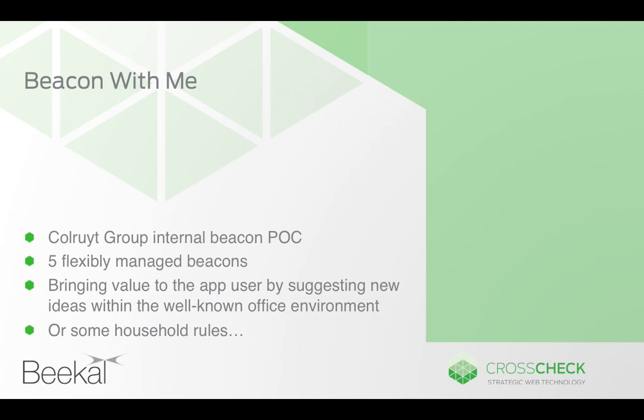The app allows to manage 5 beacons for every office environment of the several shopping brands of Colruyt. The colleagues at those offices that have installed the application get contextual information about the location where they are in their office.